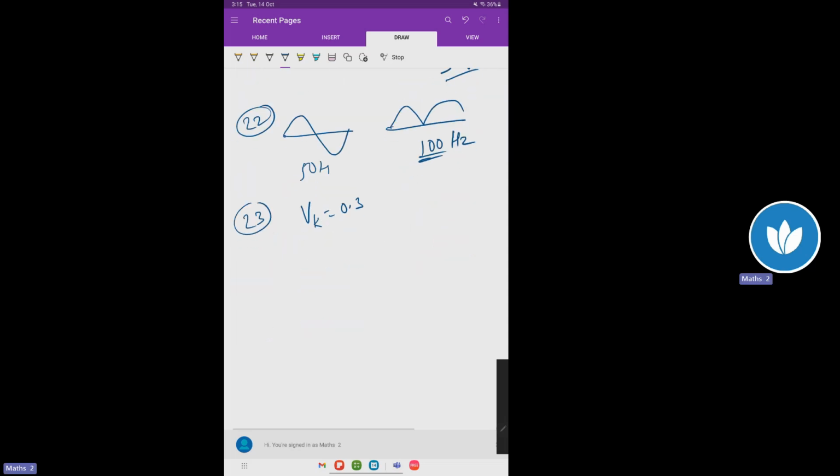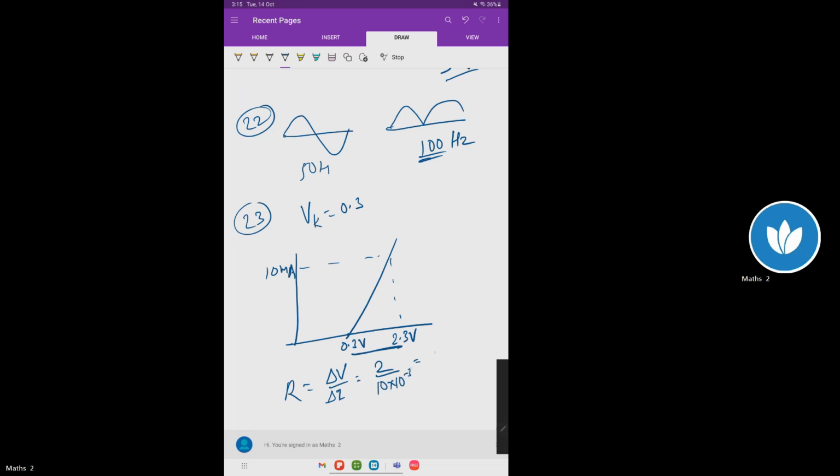Graph is like this. This is 2.3 volt. This is 0.3 volt. This is 10 milliampere. So R is delta V by delta I. Delta V is 2. Delta I is 10 milli. So this is 200 ohm.